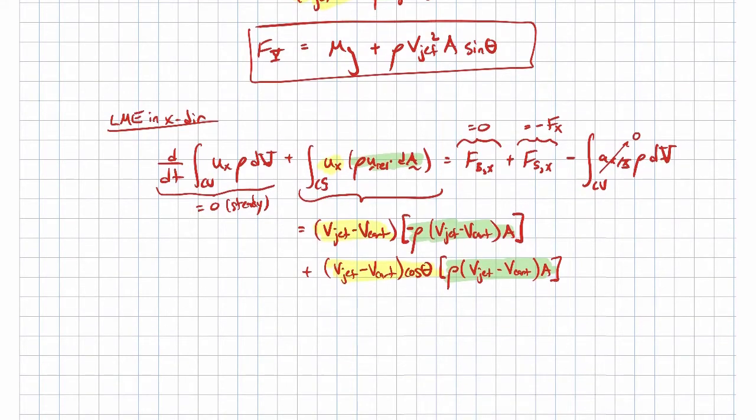So then when we simplify the equation, what we'll end up getting is fx is equal to rho vjet minus vcart squared, and it'll be times a 1 minus cosine theta. Oh, and there's an area there as well.